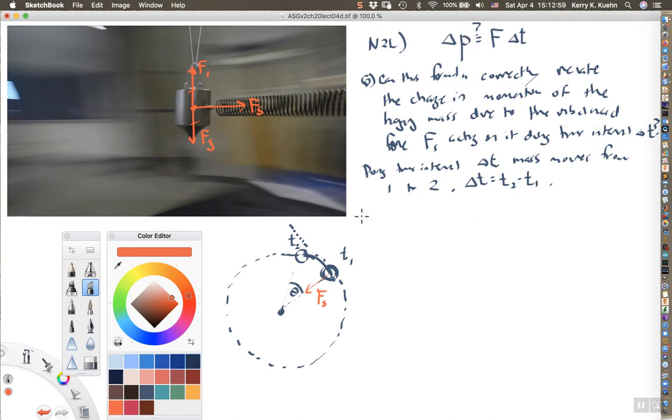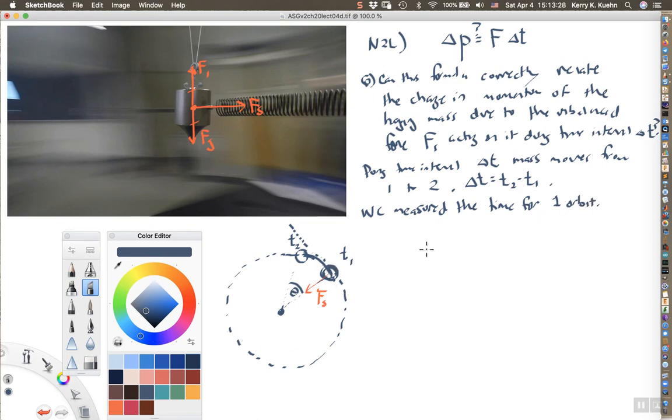So let's suppose we know from timing this going around, so we measured the time for 40 orbits, so that allows us to measure the time for one orbit. Right, so we know the time it takes to get around once.